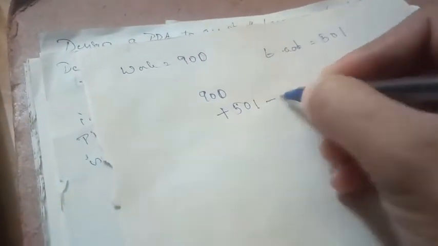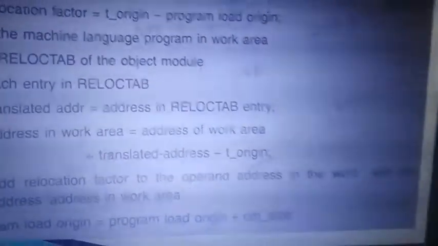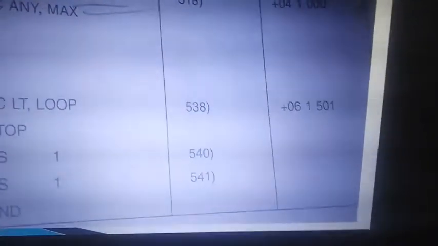Work area is not 901, work area is 900. 900 plus translated 501 minus the origin, T origin 500. So 900 plus 1, the work area is 901. So at 901, you need to get whatever object you have there, that is 538. Then you need to have it as 901.